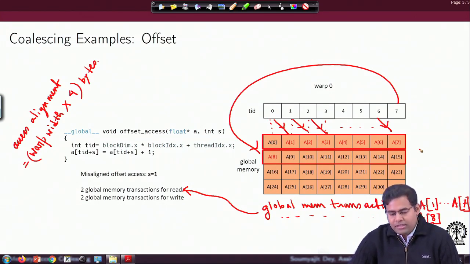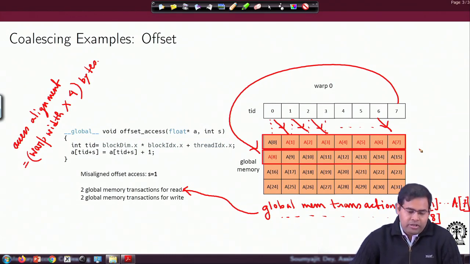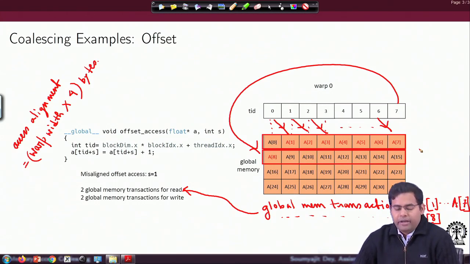When I bring A7, the aligned access is in terms of the warp width times 4 bytes, so it will bring in data from A0 to A7, of which only A7 is useful for me. For the next thing I will require another access. That is why when I go for A8, it is a different access.